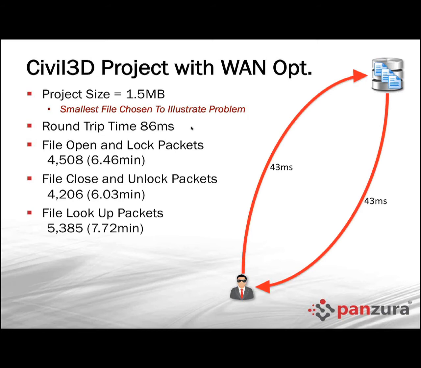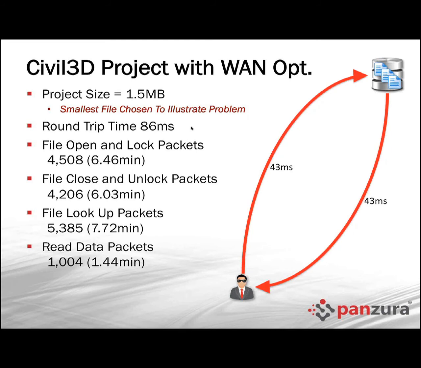You cannot cache the fact that somebody deleted a file, or that somebody added a file, or somebody changed the file. You can cache the file, but not the fact that it did change. So at the end of the day, I've finished all those checks and now I actually need to move the 1.5 megabytes. Great, that's 1,000 packets. It's really no big deal.